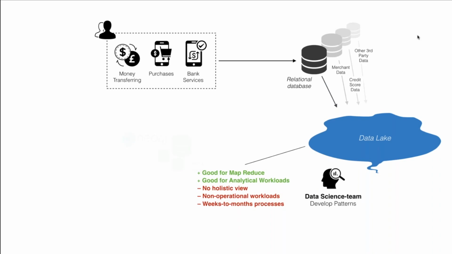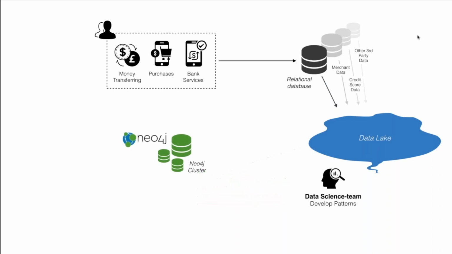is not ideal. In order to make it more ideal, you introduce Neo4j, a graph database, into this architecture, by loading the relevant data from the data lake into Neo4j.